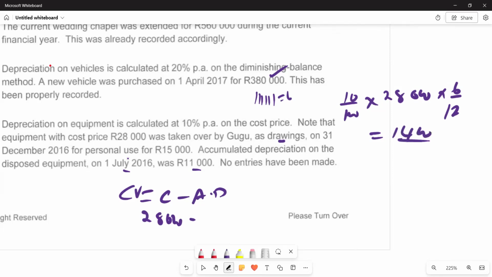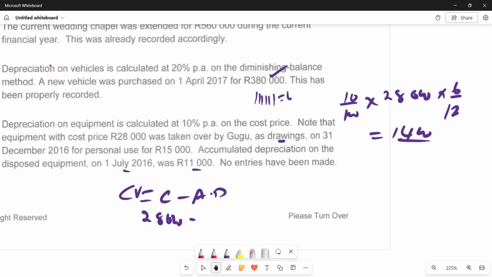Then with this 1,400, what we are saying is that depreciation for the current year for this non-current asset, which is this equipment, is 1,400. So to get total depreciation now, we are saying depreciation at the beginning, which is 11,000, plus depreciation for the current year, which is 1,400 until this equipment went out of business.